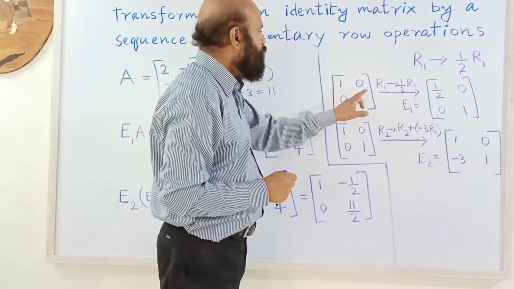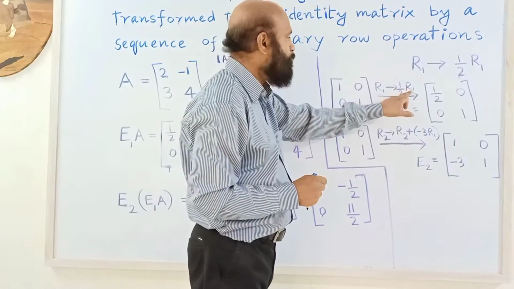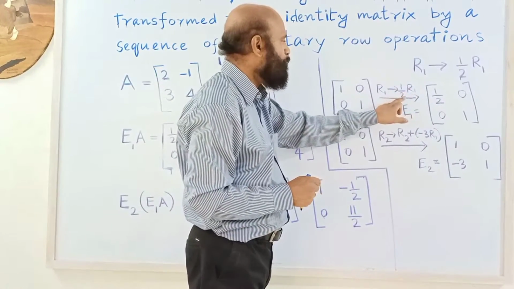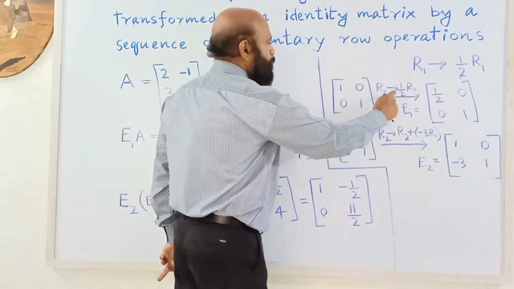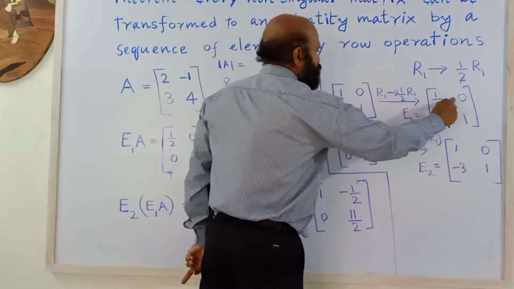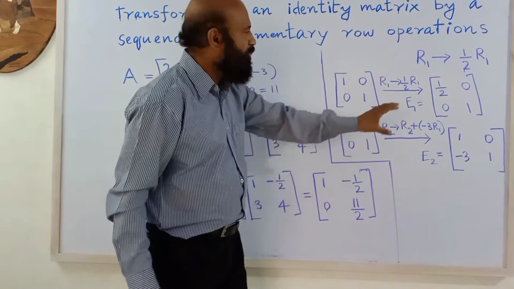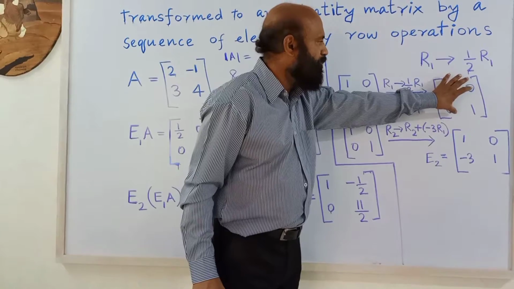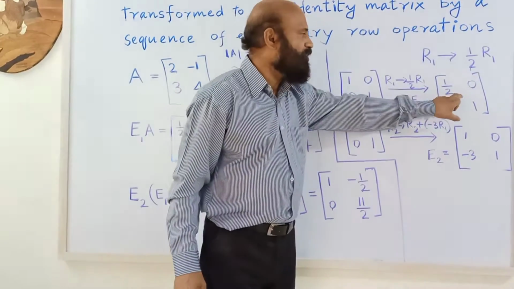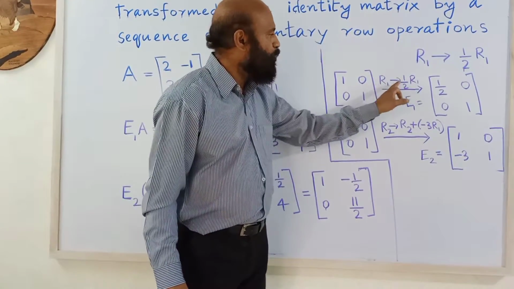So now the first row is replaced by multiplying the elements of the first row by 1 by 2. So 1 is to be multiplied by 1 by 2, so 1 by 2. 0 into 1 by 2 is 0. Then the second row as it is. So this is an elementary matrix, because we are getting this from the identity matrix by only one elementary row operation.